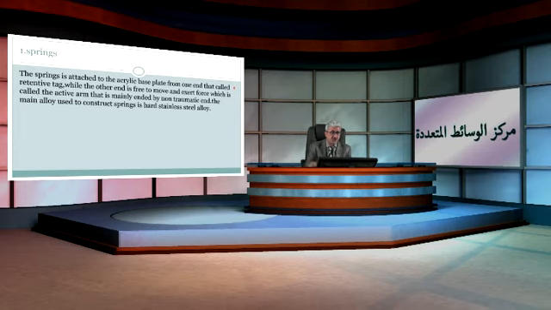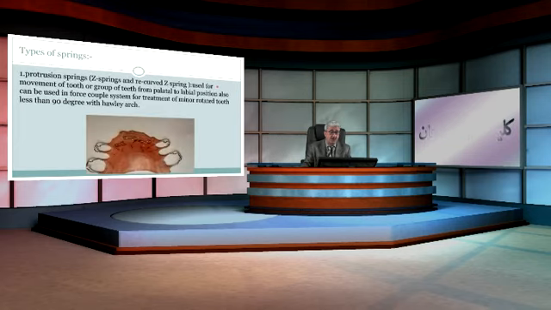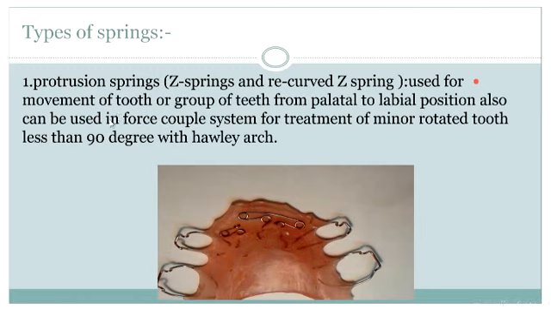Spring action is very important in the wire, depending on the type of spring. Here we discuss some types of spring, like the Z spring or recurve Z spring.